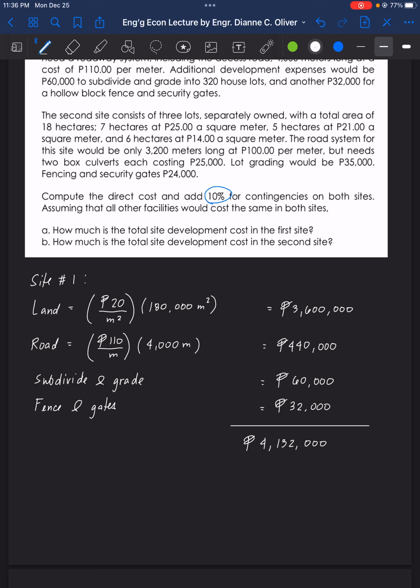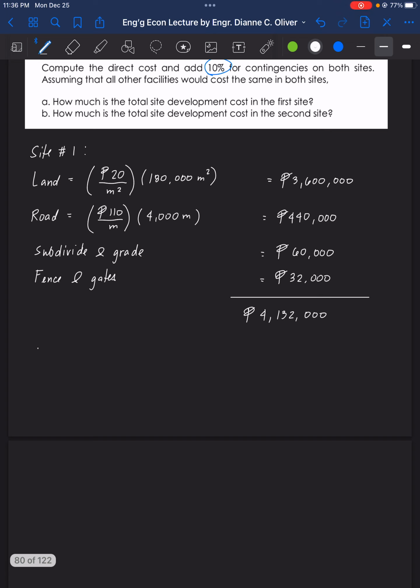So for the total, the site development cost is now equal to 4,132,000 plus 10% of the direct cost, 4,132,000.